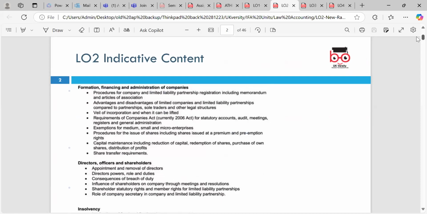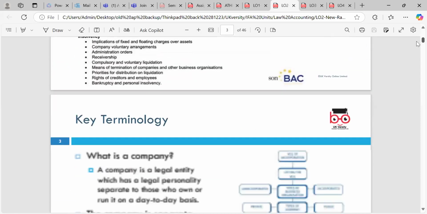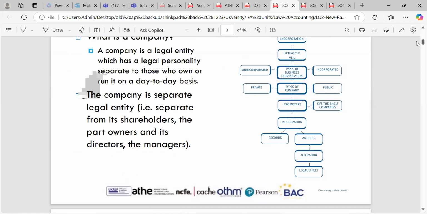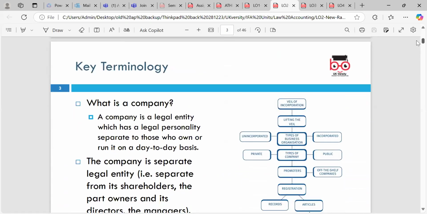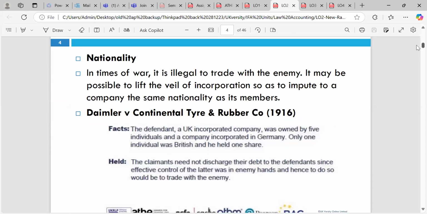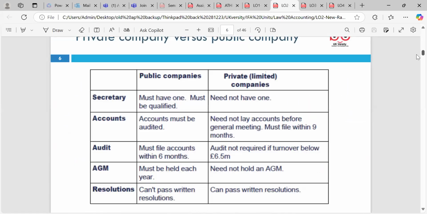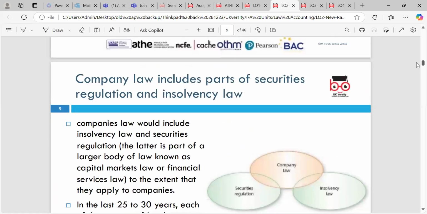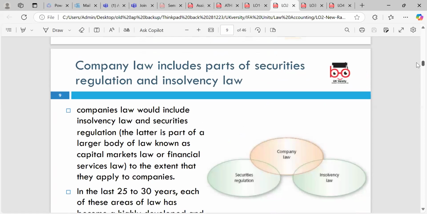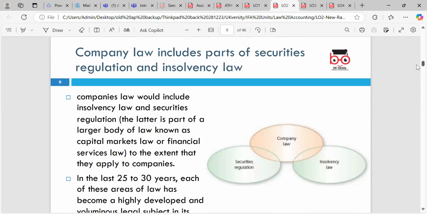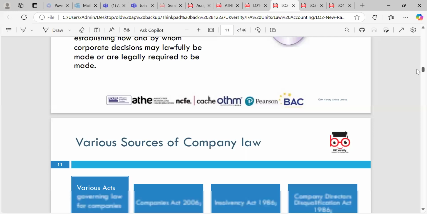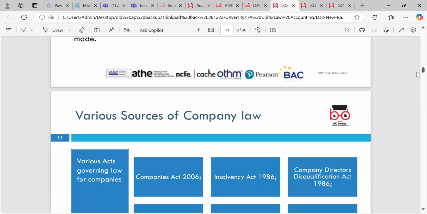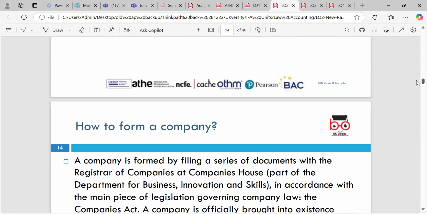Veil, lifting the veil: liability can be unlimited if the company's director is involved in fraud. Key terminology: the company. We discussed the Companies Act, and public and private companies with case laws. Please cross-reference. On insolvency, we discussed the rules, the various sources of company law, and advantages and disadvantages.